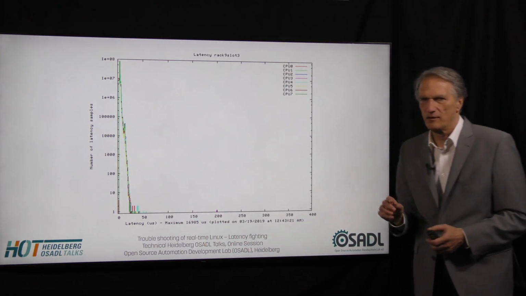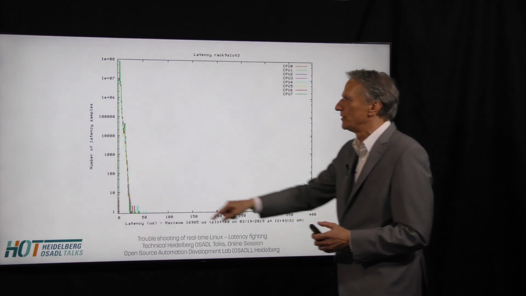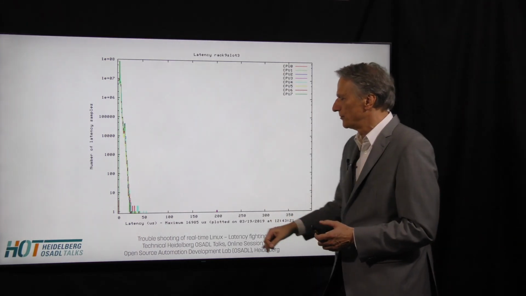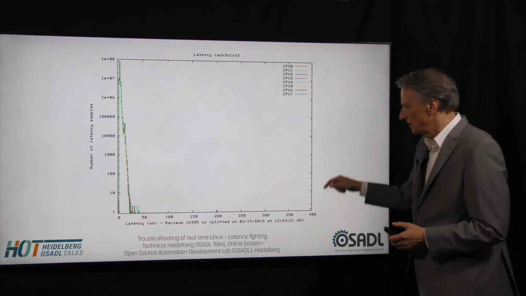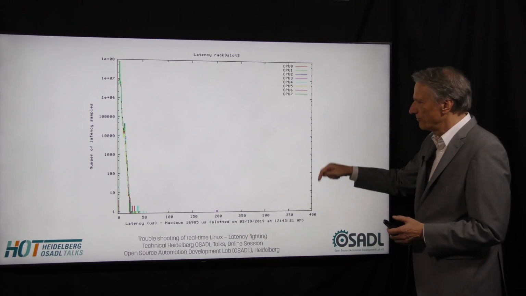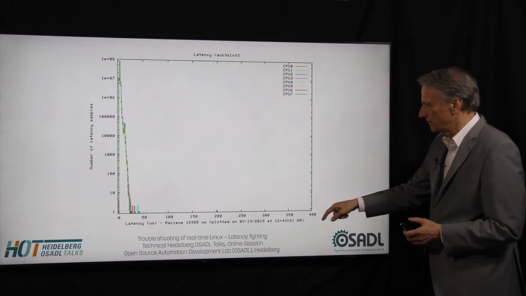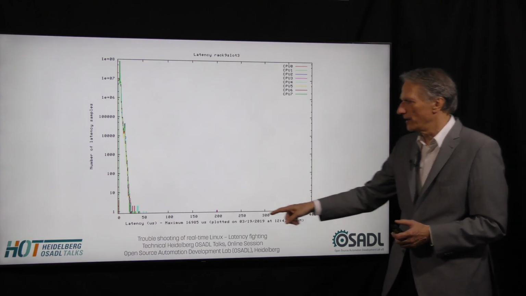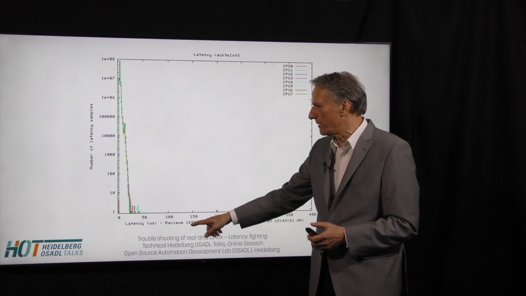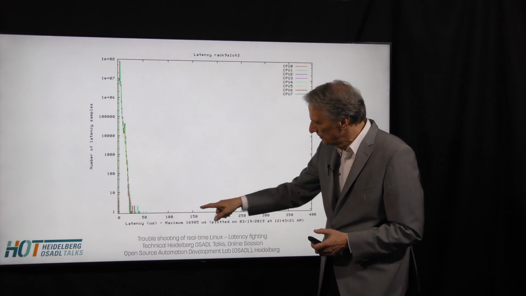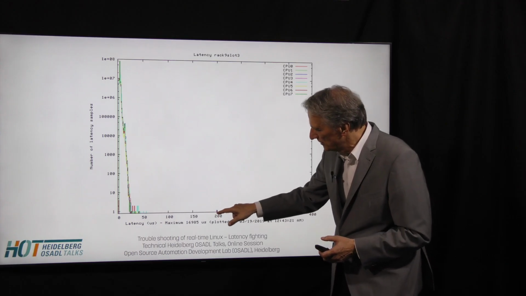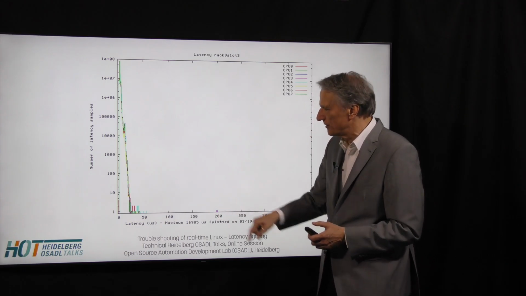But then it is also very important not only to look at the curve, but also to look at the legend, which tells us that there's some outlier completely out of the scale at 16.9 milliseconds. And if you look very closely at the x scale, you see that here's another nearly 200.